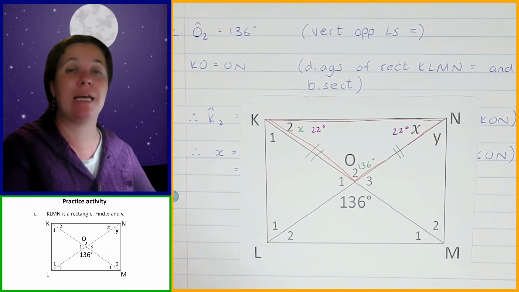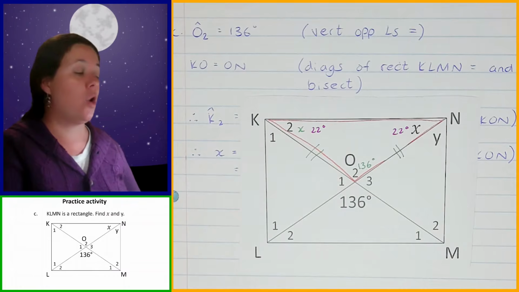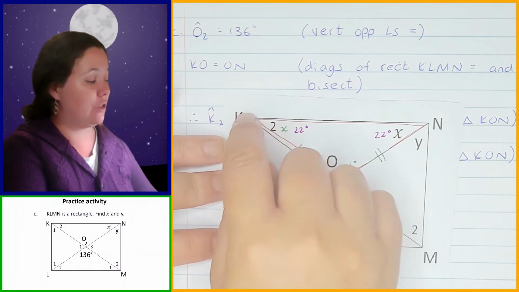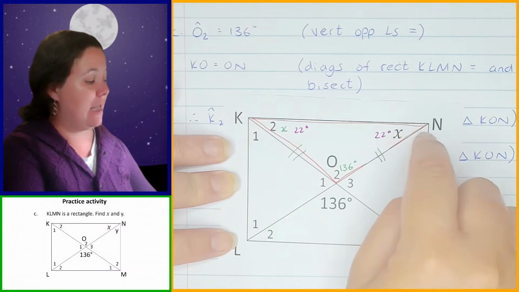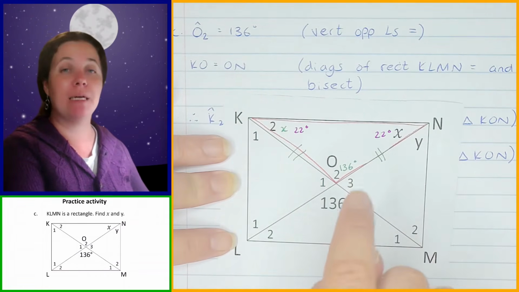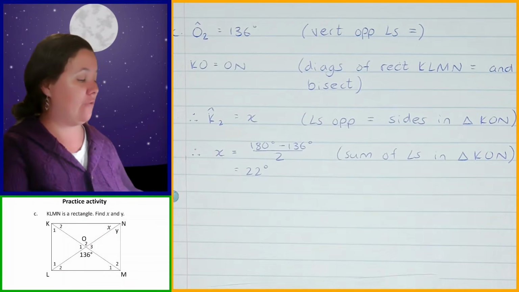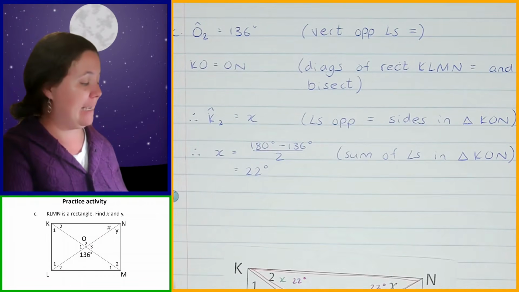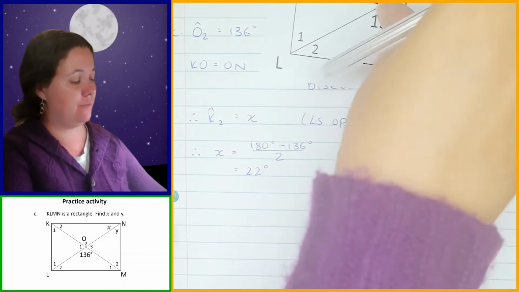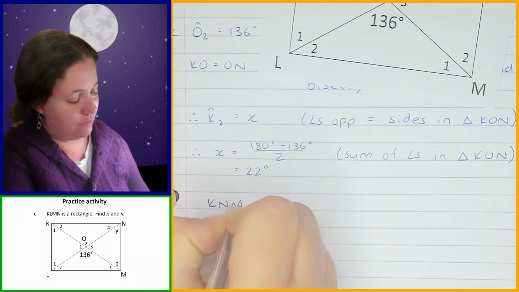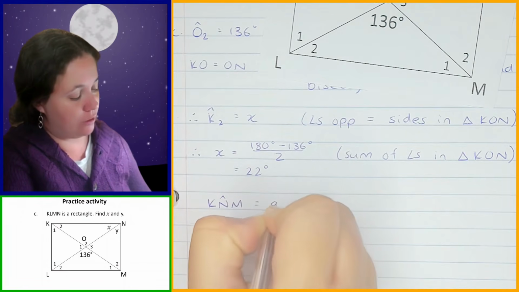Now remember, a rectangle is a special quadrilateral where the angles are equal to 90 degrees. So that means that I know that this whole angle over here, KNM, must be equal to 90 degrees because this is a rectangle. So now I can say over here that angle KNM is equal to 90 degrees.